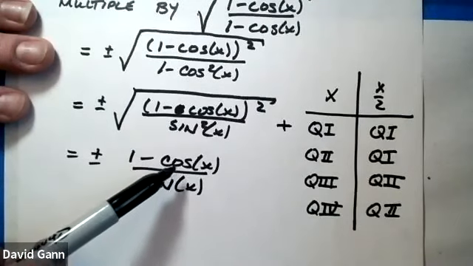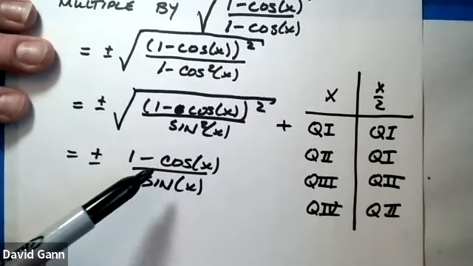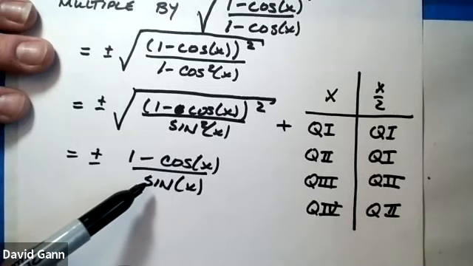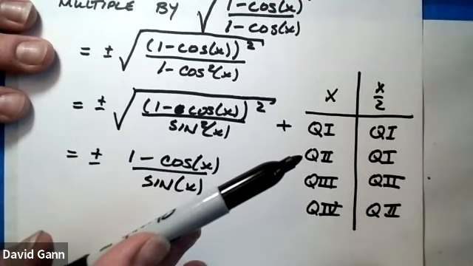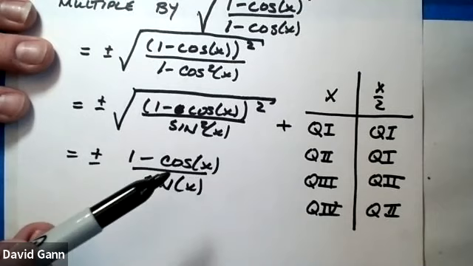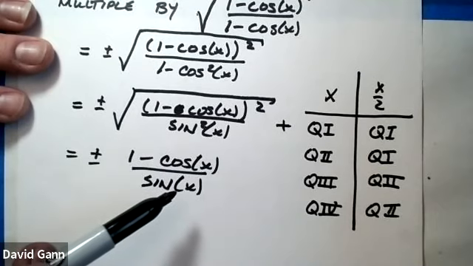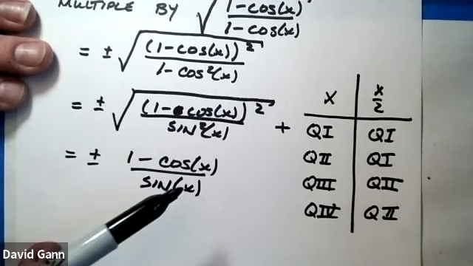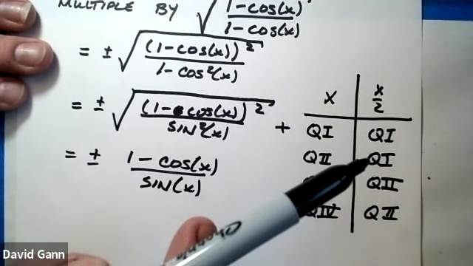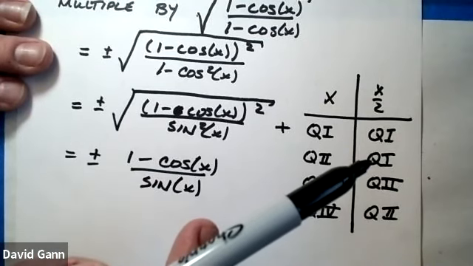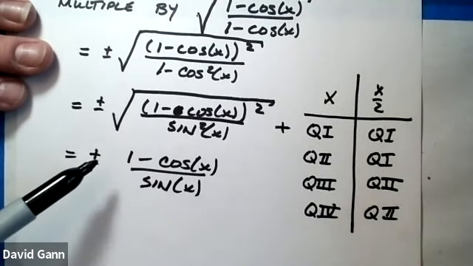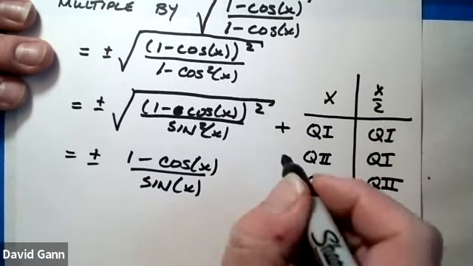So this will be a number greater than 1, and sine will be positive in quadrant 2. Okay, sine will be positive. So this whole ratio is positive. Now the question is, what's the quadrant of x over 2? Well, that's still quadrant 1, and so tangent should be positive. Again, we would only use the positive branch.